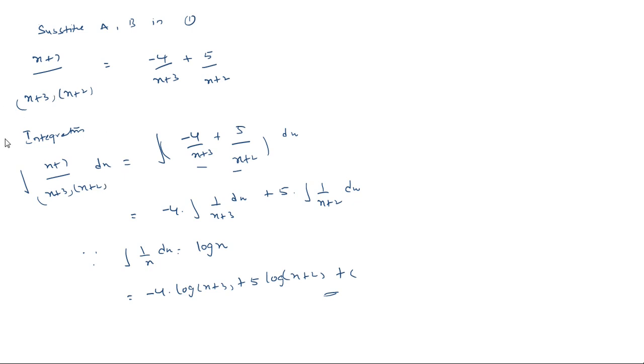And we do the integration for this one. So we get the integral of minus 4 by (x plus 3) plus 5 by (x plus 2). Take the integration outside. There are two terms involved, separate each one. So we get minus 4 into 1 by (x plus 3) dx plus 5 into 1 by (x plus 2) dx. We know the formula 1 by x into dx is nothing but log x. Apply that formula.